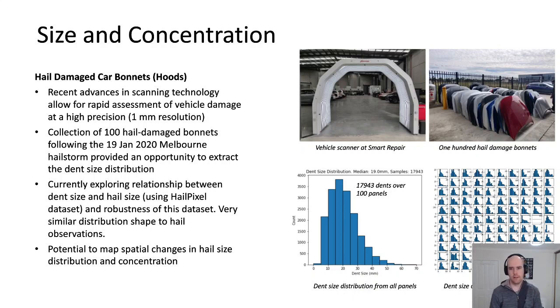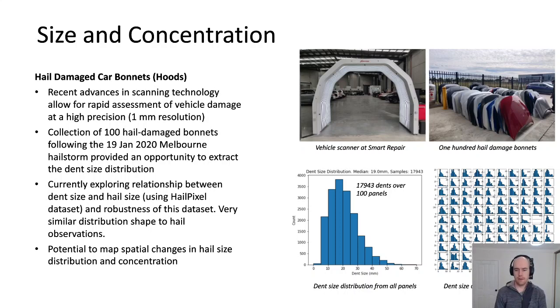Using this technology in collaboration with an Australian insurer, we collected 100 hail-damaged bonnets following a major hailstorm in Melbourne in early 2020 to explore the mapping between dint size distribution and hail size distribution.